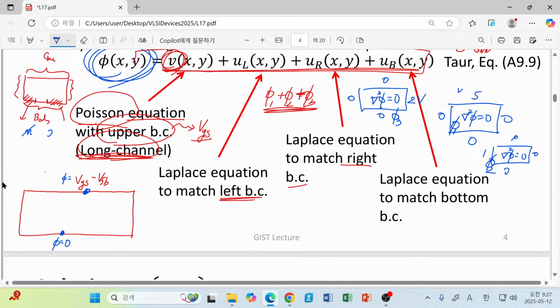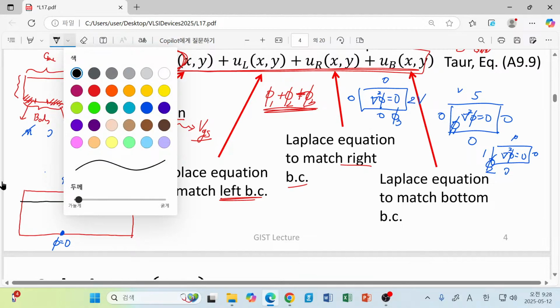And now let's say we have a certain thickness corresponding to the oxide thickness, or actually in this case, in order to compensate the difference in permittivity between silicon and silicon dioxide, we introduce 3 times the silicon dioxide thickness. But anyway, now let me just draw the solution.